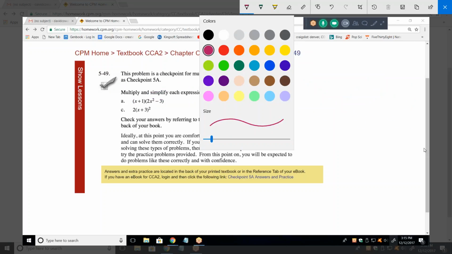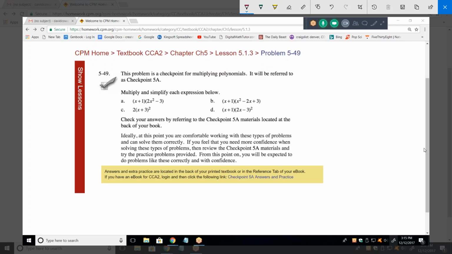B, term by term. So x cubed and then plus 3x. Hold on. When you go term by term, go in a certain pattern.